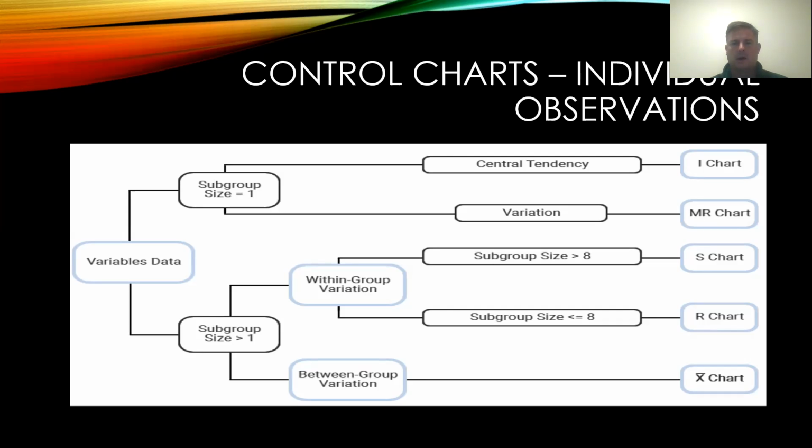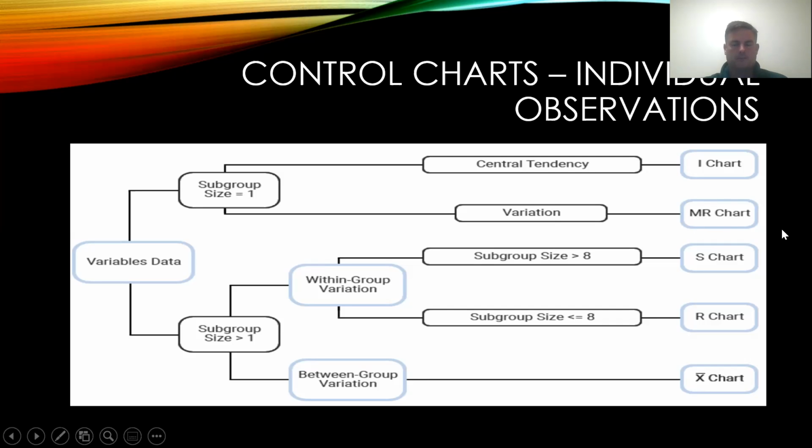In this case, you're looking at central tendency, so you're going to look at an I chart, or an individuals observation chart. The lower leg of that is variation. Again, you have a subgroup size of 1 with variables data. You want to understand just the variation, and so you're going to use a moving range chart.